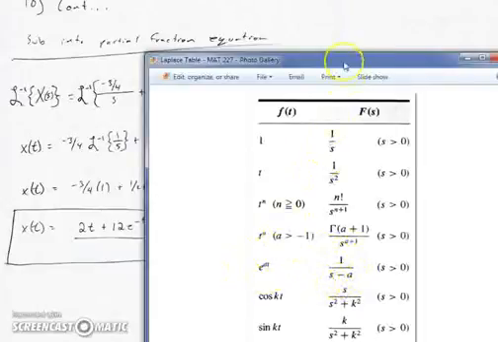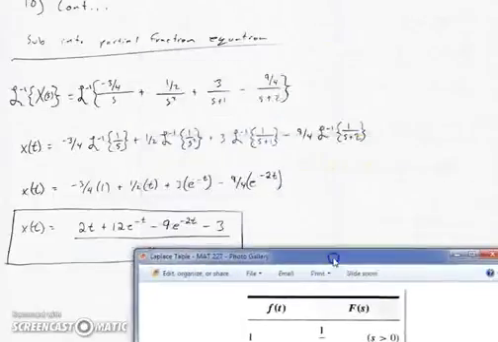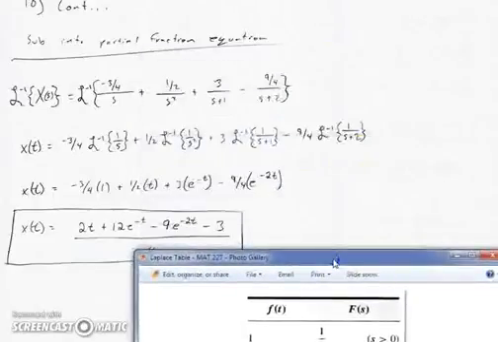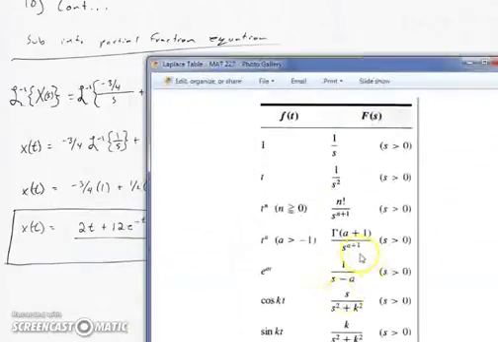So we'd have e to the negative 1t, or just e to the negative t. And then for our fourth term, we have 1 over s plus 2, which is the same as 1 over s minus negative 2, which is also going to be this term here. So you'd have e to the negative 2t.